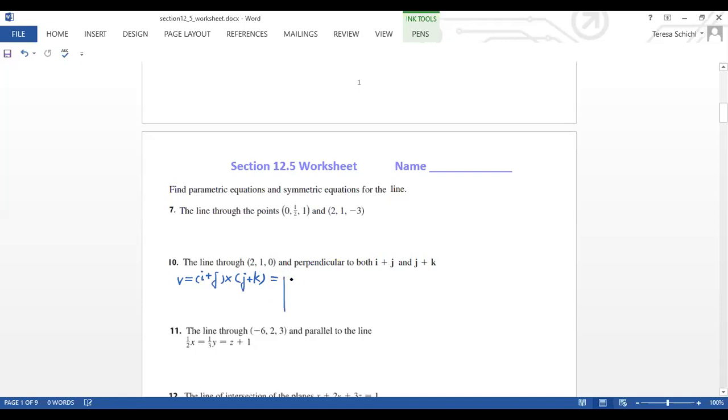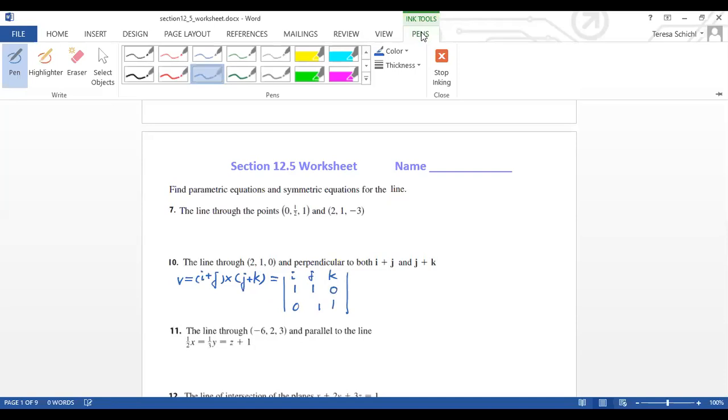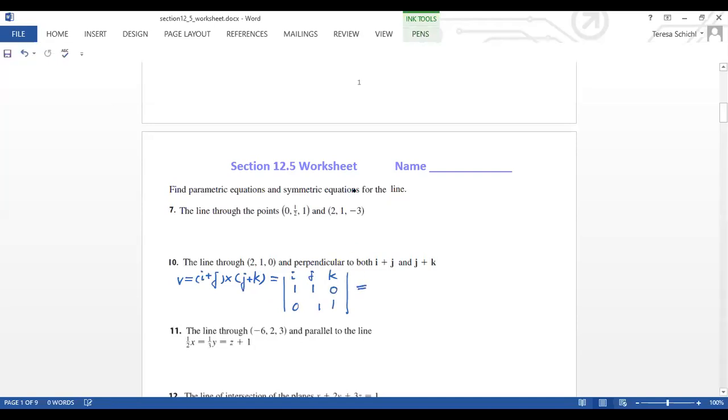So let's see here. This is i, j, k. And i plus j is (1, 1, 0), j plus k is (0, 1, 1). I assume we all know how to do the cross product. So this is i minus j plus k, our directional vector.